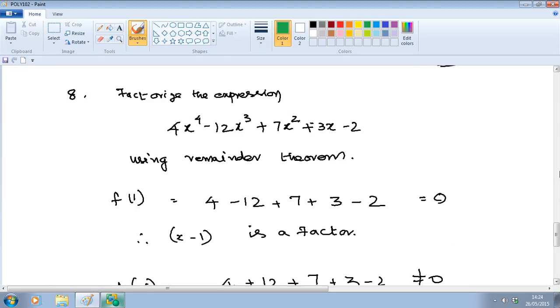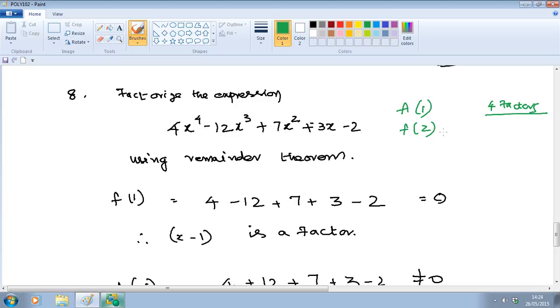The last term you see is minus 2, which suggests you can try f of 1 and f of 2. There can be some more factors, because x to the power 4 means there should be 4 factors.